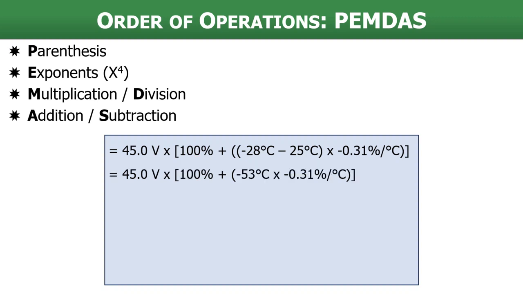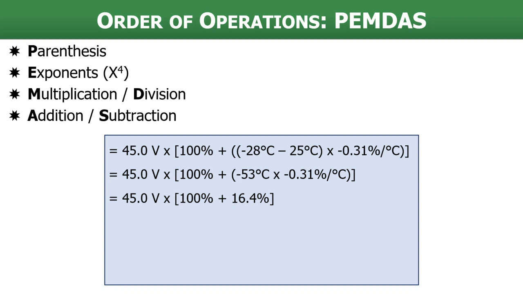Again, the first thing we do is the innermost parentheses. So we take that negative 28 degrees C and subtract 25 degrees C from that, and we get negative 53 degrees C. Then we'll do the next most inner parentheses, which is the negative 53 degrees C times negative 0.31% per degree C. Since those are two negative numbers, the negatives cancel each other out, and the Celsius labels cancel each other out as well, and we're left with 16.4%.